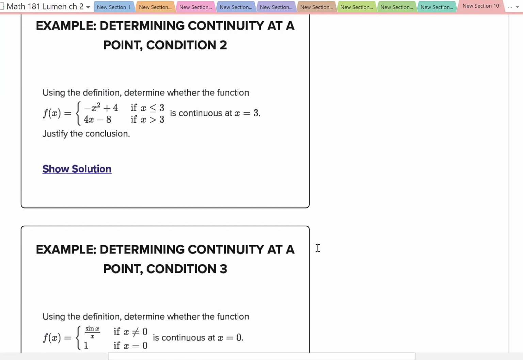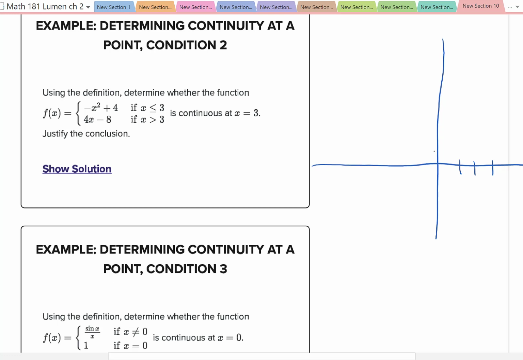How about the next one? Is this going to be continuous? So using the definition, let's see, we have f of x equals negative x squared plus 4, so that's a parabola that opens down. We're talking about the change occurring at 3.